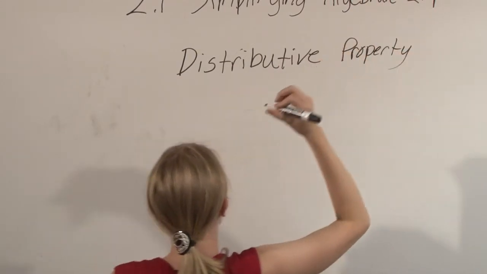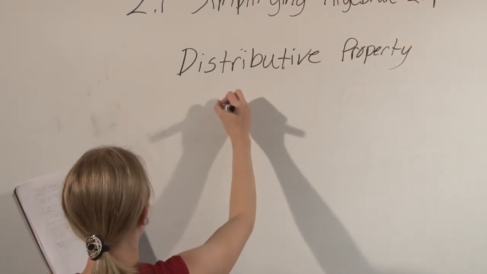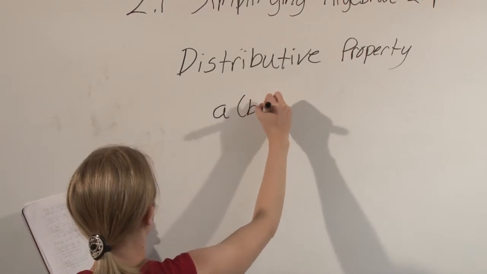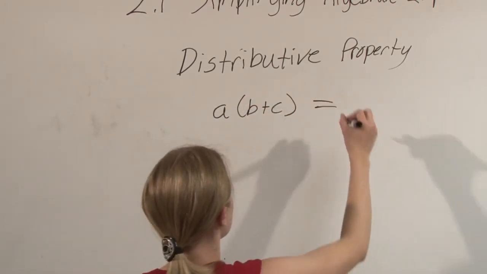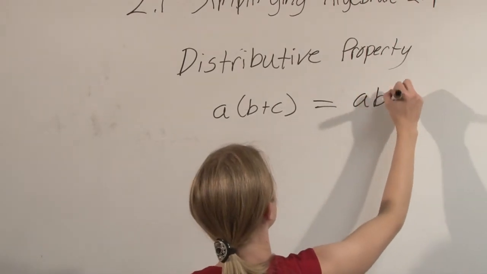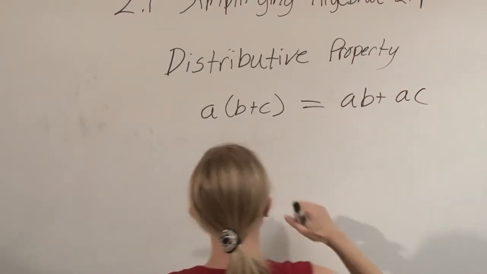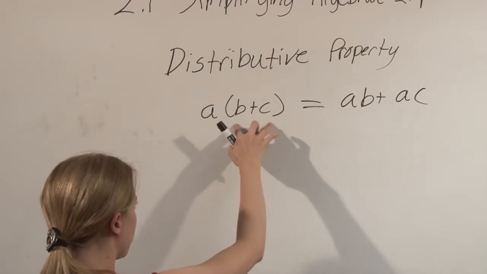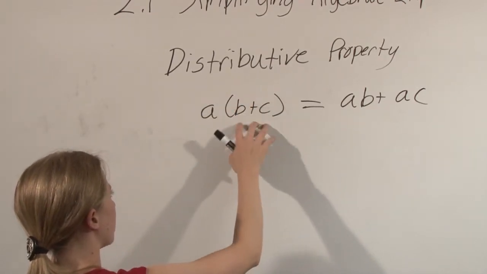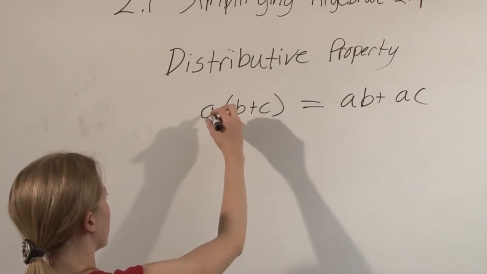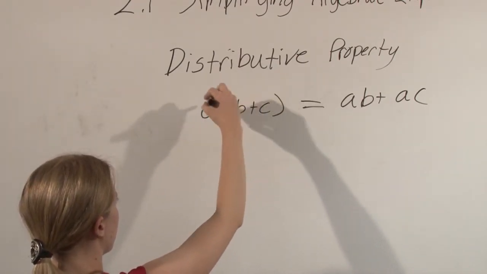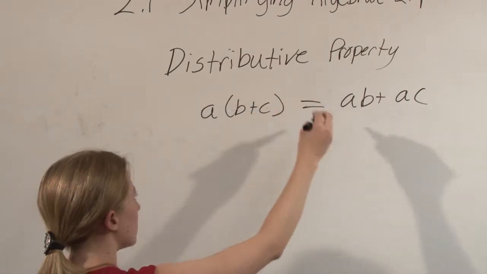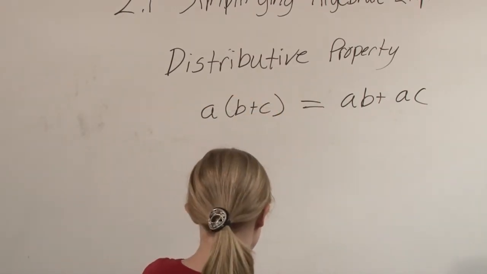In this section, we're also going to use something called the distributive property. So this property is if I have a sum or difference inside of parentheses, and I'm multiplying this whole thing by a factor, it's the same thing as multiplying each of those numbers by the same factor.